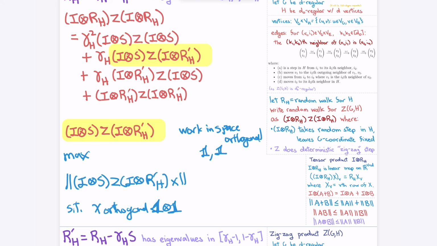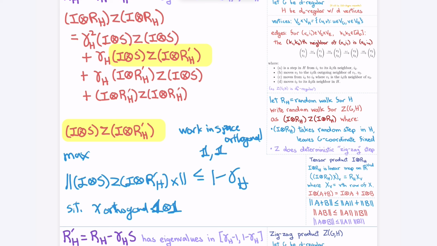And then lastly, I tensor S. What are the eigenvalues of this? At most 1. So 1 times 1 minus gamma h. That's good. So this thing is at most, I guess you don't have to work orthogonal to ones, 1 minus gamma h.